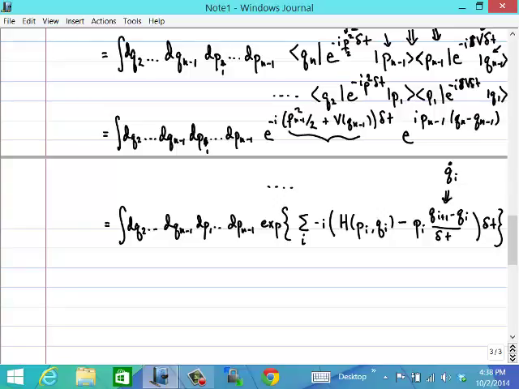So what do we have here? We have an integral in the limit where delta t goes to 0 over all possible positions that the particle could take. So that's an integral dq, as well as an integral over all possible momenta that the particle could take. So I'll call that dp of the exponential of i times this sum over i in the limit where delta t goes to 0.